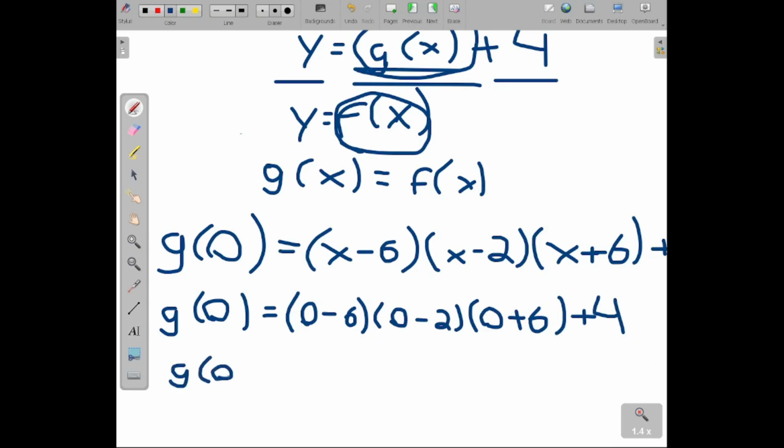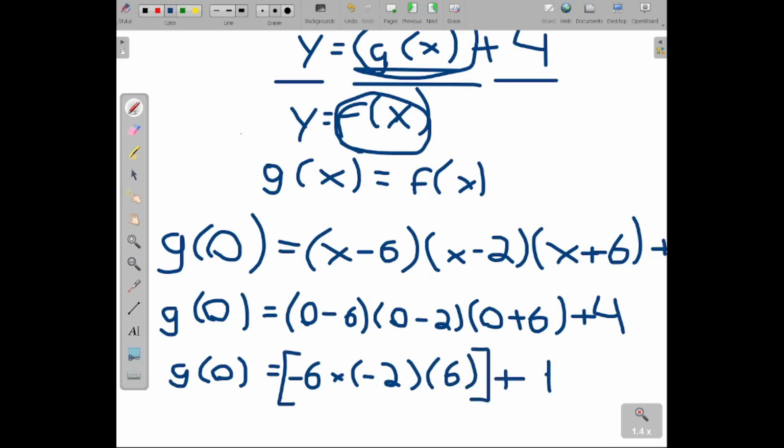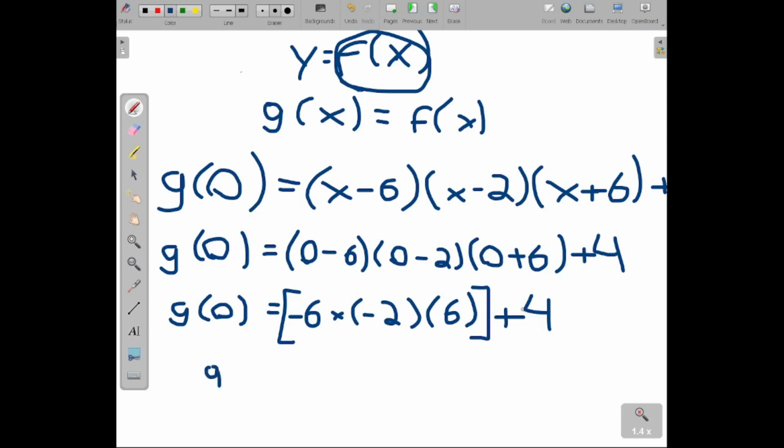The function g: 0 minus 6 is equal to negative 6, times 0 minus 2 is equal to negative 2, times 0 plus 6 is 6, and all of this multiplication plus 4. g of 0 is equal to minus 6 times negative 2 is positive 12. 12 times 6 is equal to 72.